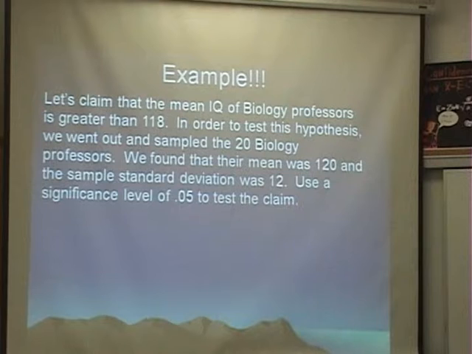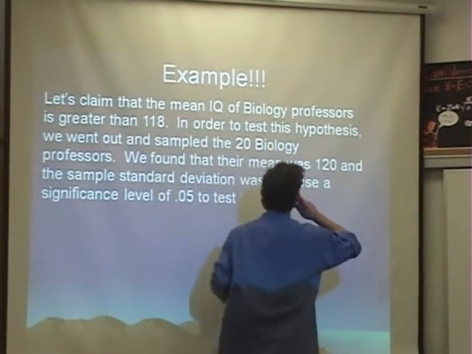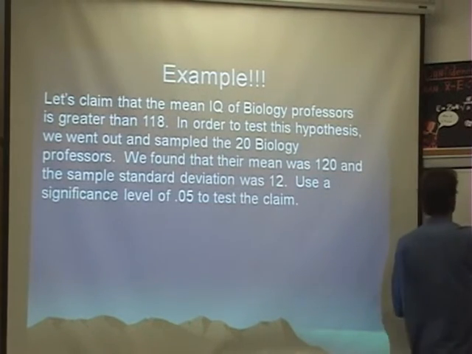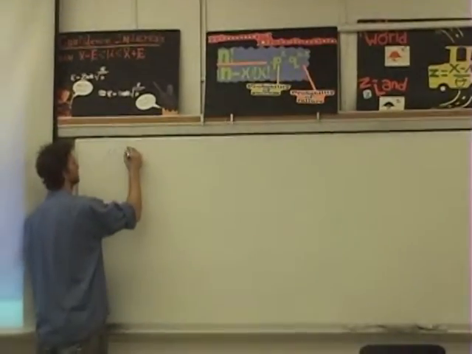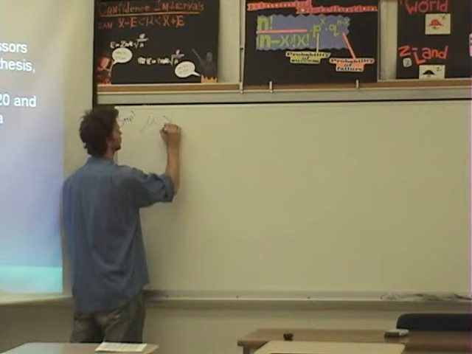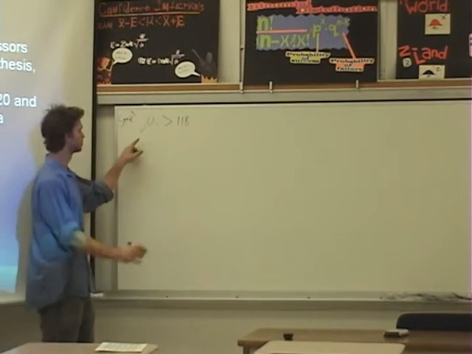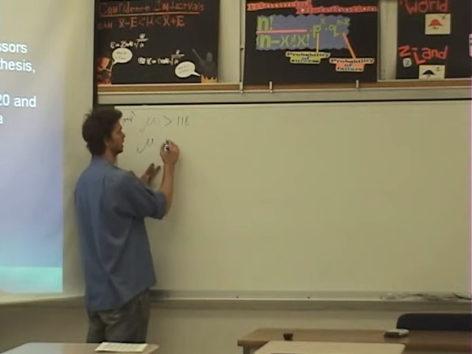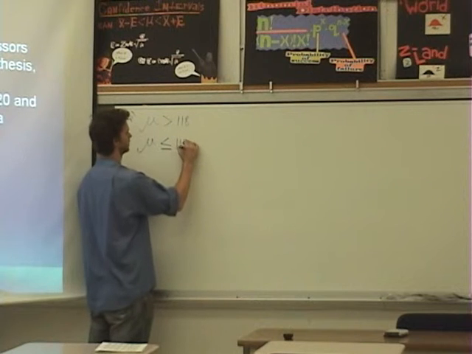So again, the claim was, yes, right here, that the mean was greater than 118. So rolling over here, this is step 1: the mean is greater than 118. That's what we're trying to test. That's our claim. So the direct opposite of that is not greater than, but less than or equal to 118.